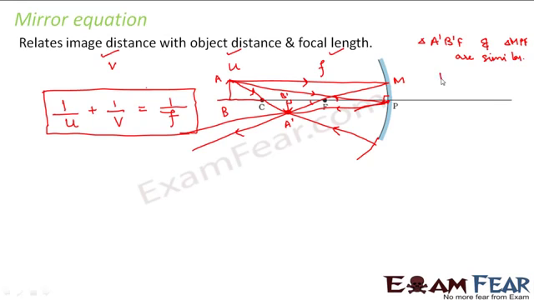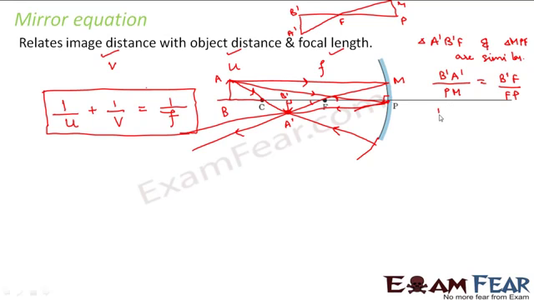Now by property of similar triangles, B dash A dash divided by PM will be equal to B dash F divided by FP. You can draw these two triangles separately. It is somewhat like this: this is B dash, this is A dash, this is F, this is M, and this is P. So B dash A dash by MP is equal to B dash F divided by FP, by property of similar triangles.